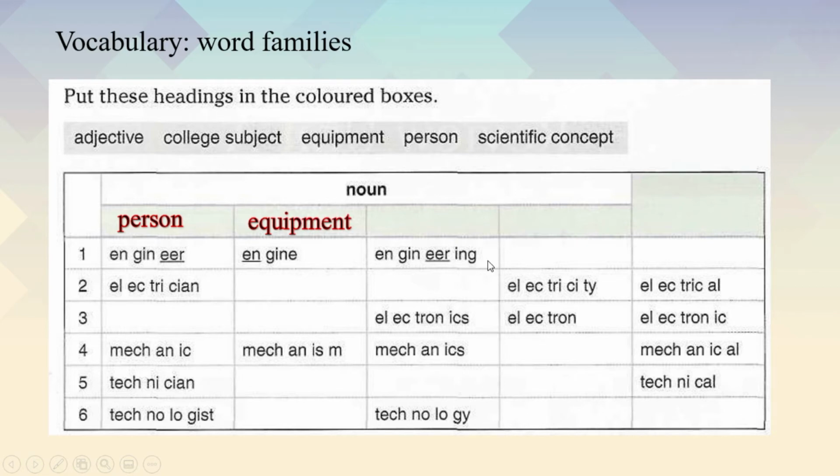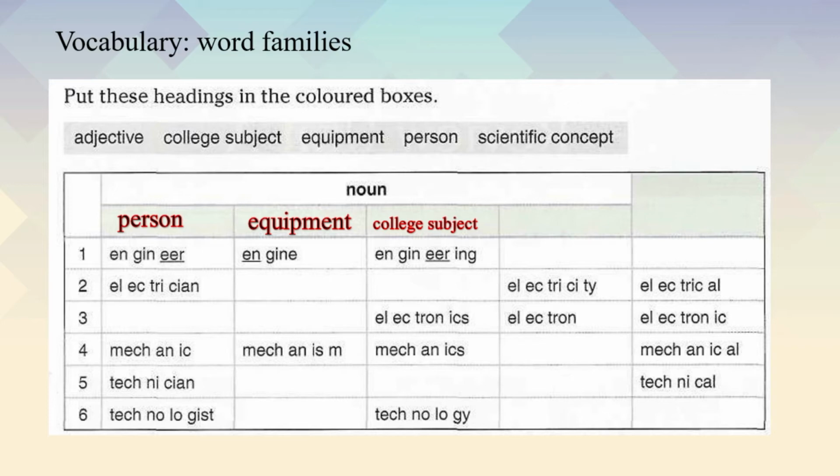Now, engineering. Do you want to study engineering at school? This is a college subject. So in this column, we have college subjects. Electricity is a concept, a scientific concept. So is electron.